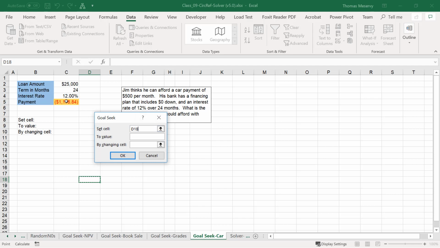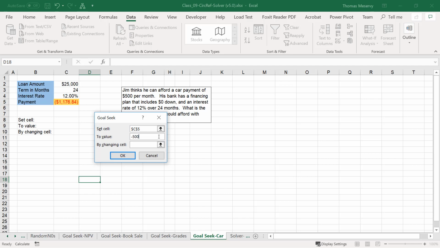So our set cell will be the payment. What should the value be? 500? Well, it should be negative 500. Why negative? Well, it's an outflow. With Excel, the outflows are always going to be negative and the inflows are positive. In fact, we'll be covering several financial formulas.